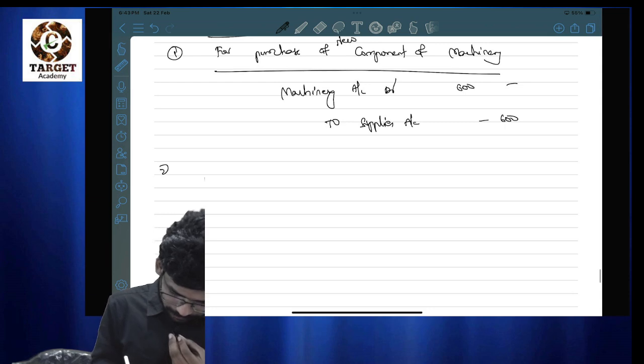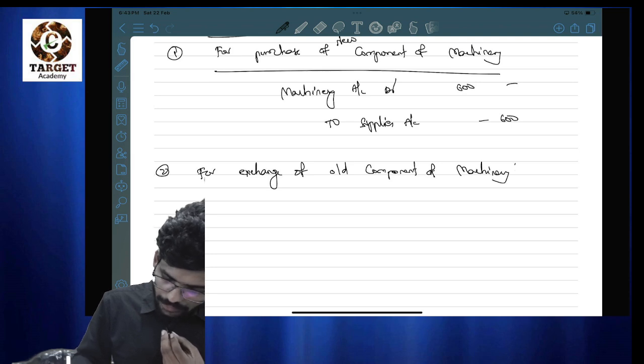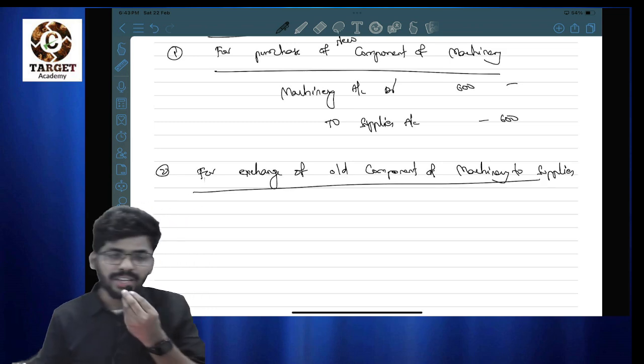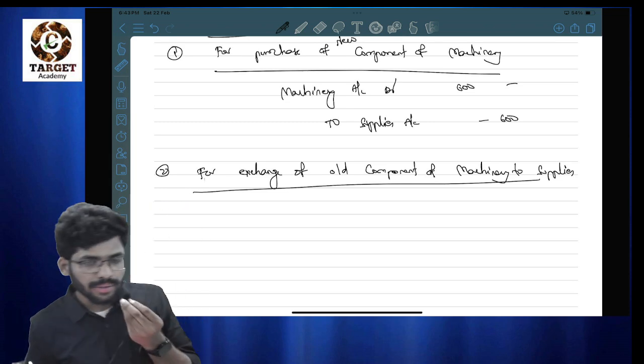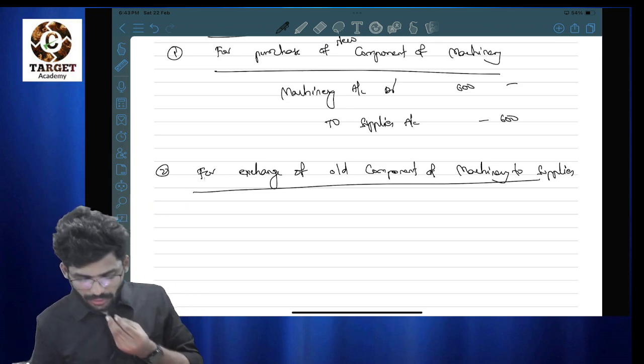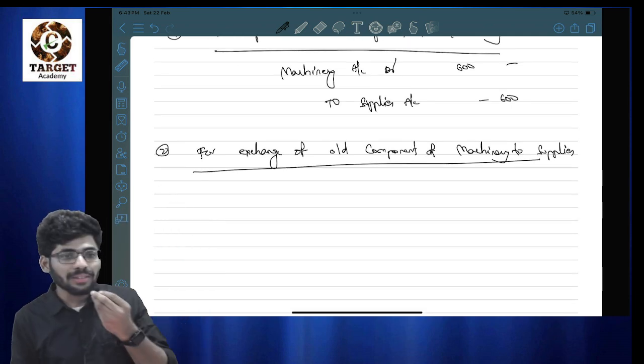Next, for exchange of old component of machinery to supplier, what is the entry?